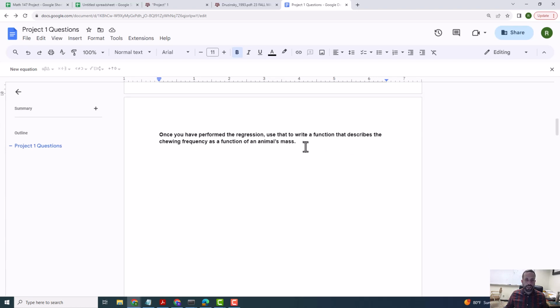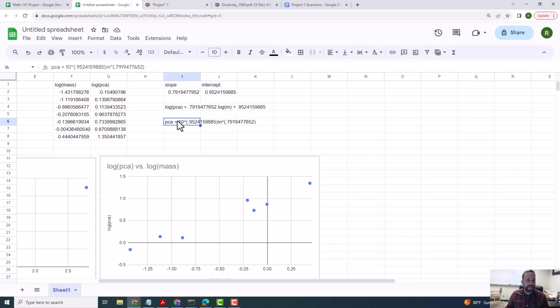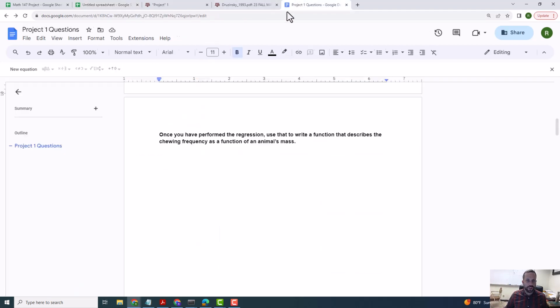For this right here, once you have performed the regression, use that to write a function that describes the chewing frequency as a function of the animal's mass. In other words, that's the thing that we just did right here, except instead of PCA, it'll be chewing frequency, instead of the jaw muscle stuff.